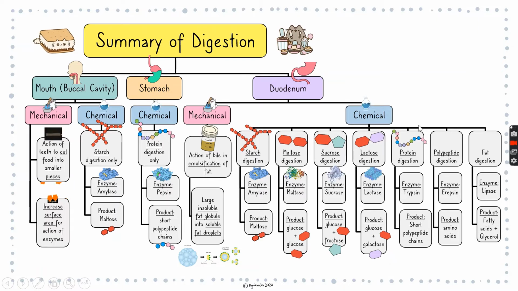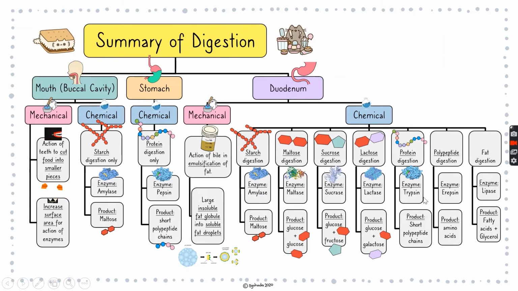Protein digestion also happens in the duodenum. So big protein molecules will be broken down by trypsin, and this is found in the pancreatic juice. So it's made in the pancreas, whereas pepsin is a protease that is made in the stomach.